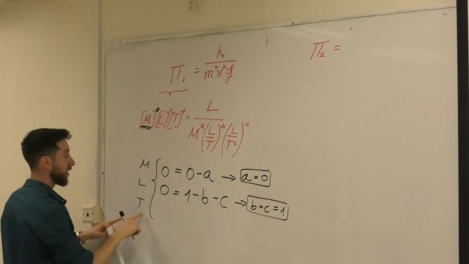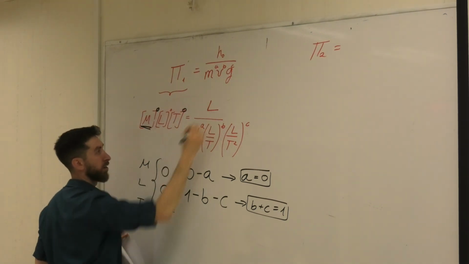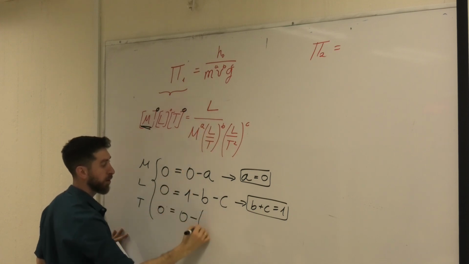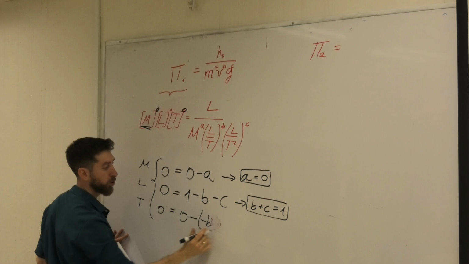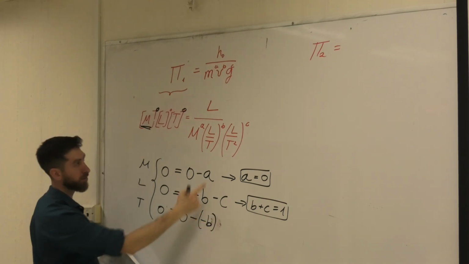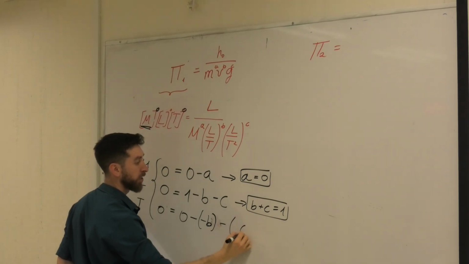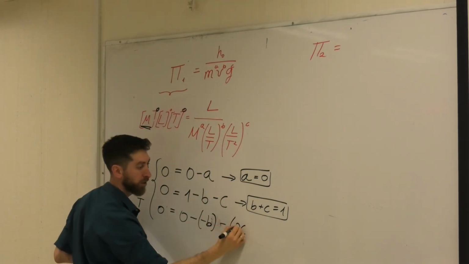Nice. The last one, the time: 0 equals 0 minus, because down below I see the T is in the denominator, so I get another minus. Here I got minus B, and for C, I'm in the denominator, another minus, and I see this 2.